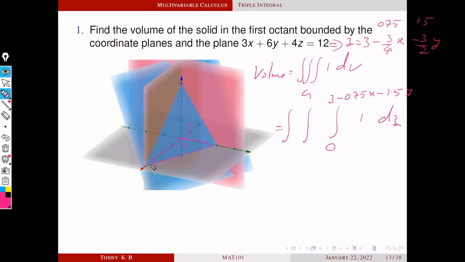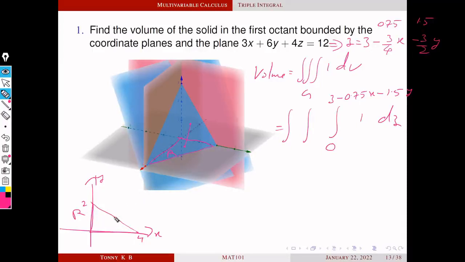On the x-axis this is 4, on the y-axis this is 2. In the positive x-axis, the touching point is 4; in the y-axis, it is 2. So we have to integrate over a triangular region like this. This is our R.